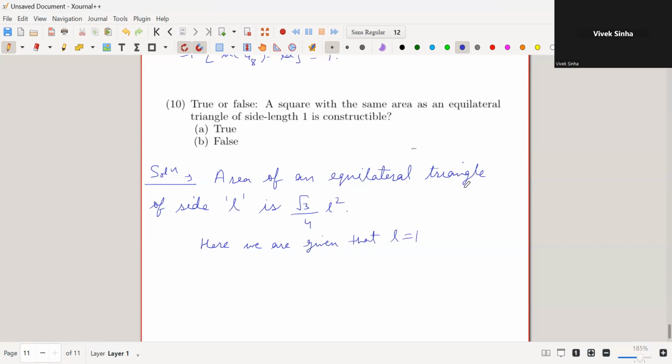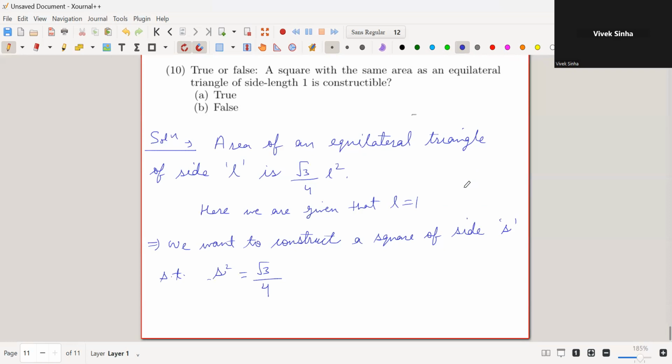So this means we want to construct a square of side S such that the area of the square, that is S square, is equal to root 3 by 4.